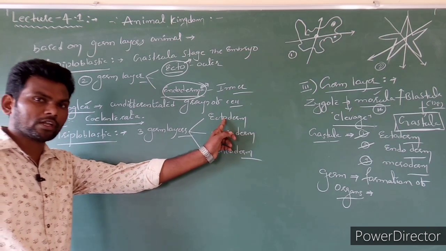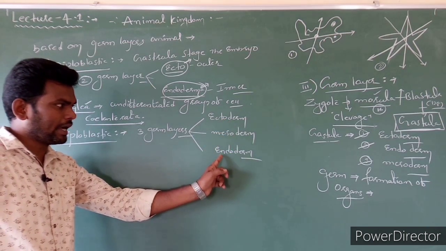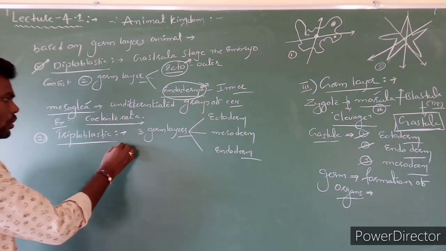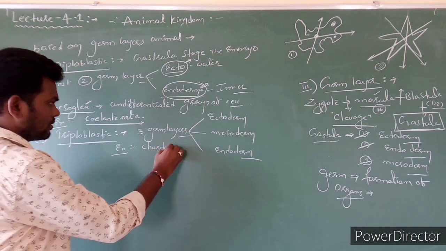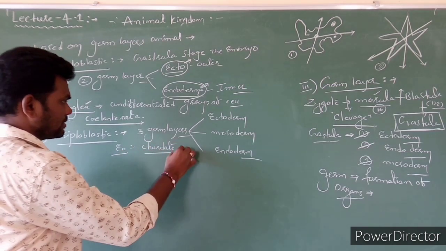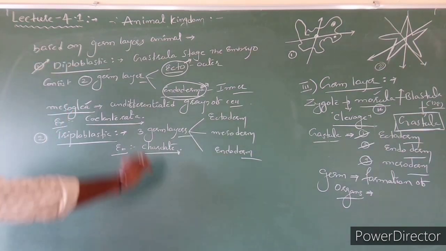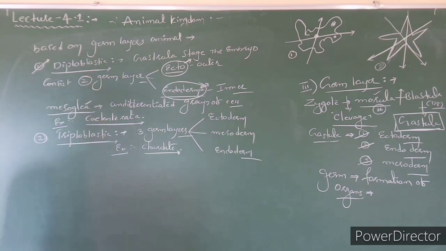Ectoderm is the outermost layer, mesoderm is the middle layer, and endoderm is the innermost layer. Example is chordates, nothing but animals, humans. Sorry. Clear? So this is regarding diploblastic as well as triploblastic.